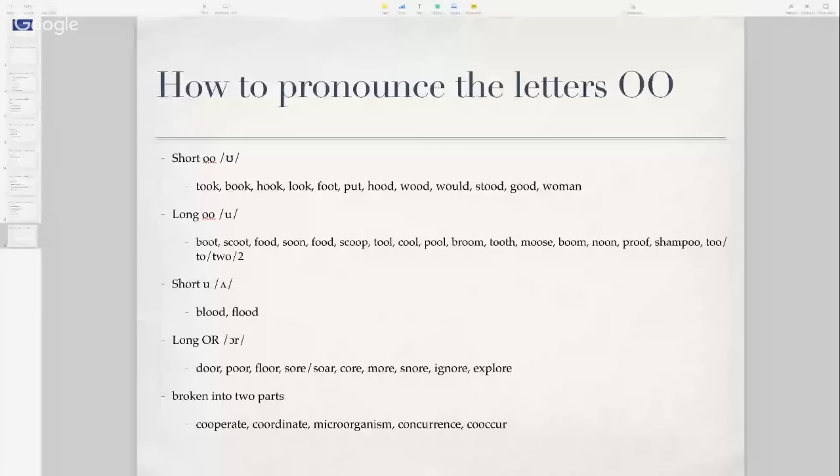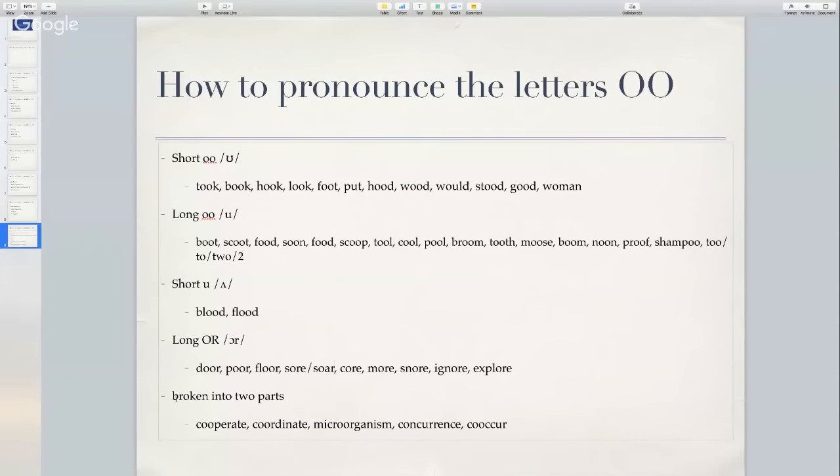All right, last but not least, we are on to the broken into two parts right down here. So we have cooperate, cooperate, coordinate, coordinate, microorganism, microorganism, cooccur, cooccur.